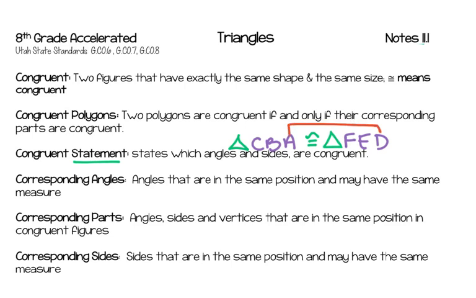So A is going to go with D still, B is going to go with E still. It doesn't matter if I said ABC is congruent to DEF or if I said CBA is congruent to FED. They both mean the same thing. However, to just make things easier, it's easier if the first statement is in alphabetical order, and then the second statement may not be in alphabetical order, but it will just go along however it goes.